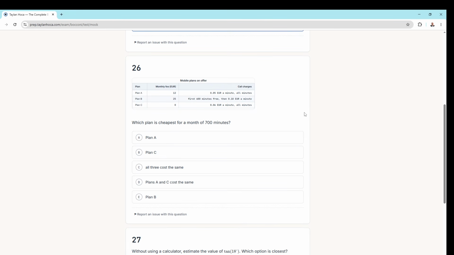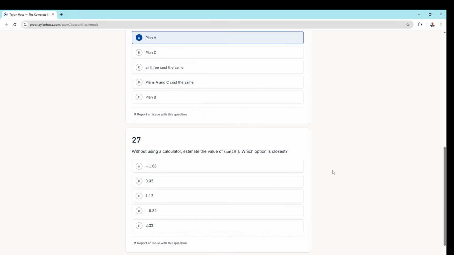Monthly fee 32, and first 600 free, then 100 left at 10 cents, 0.1 euro, so 10 euro, plus 25, 35, because you pay this no matter what you spent in terms of minutes. 0.06 euro a minute is like 42 euros, so 42. Okay, the cheapest one is the first one, because plan C has a 0 monthly fee, I guess.